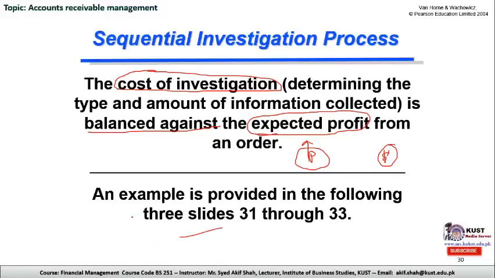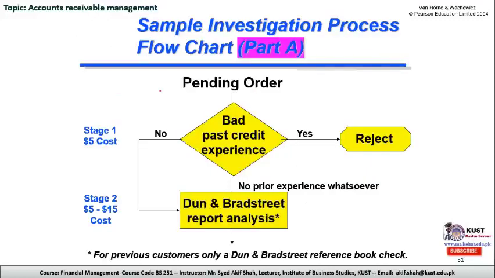In the next 3 slides, you will see the sequential investigation process used by typical firms or manufacturing firms. Usually this kind of flow chart is used by different suppliers to investigate credit applicants.